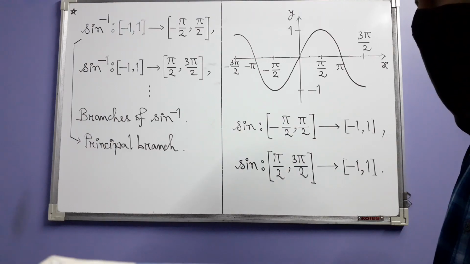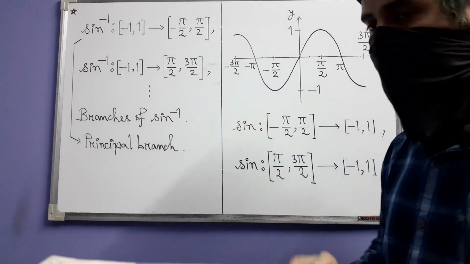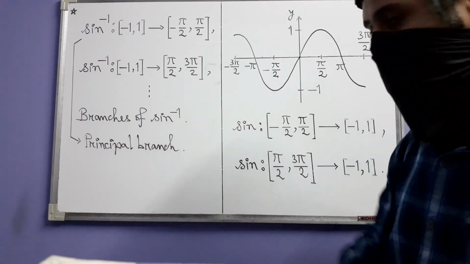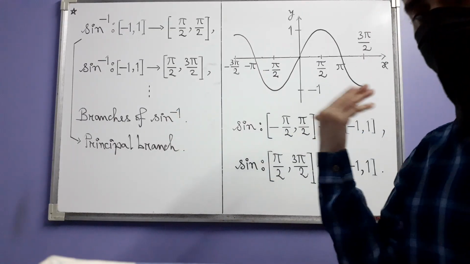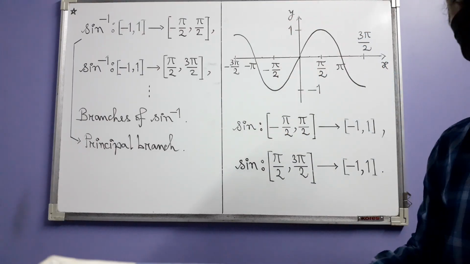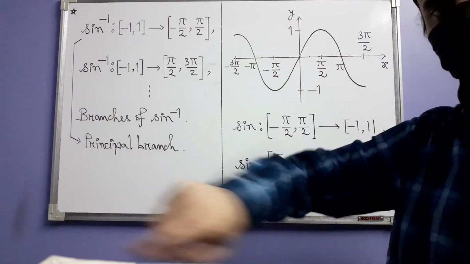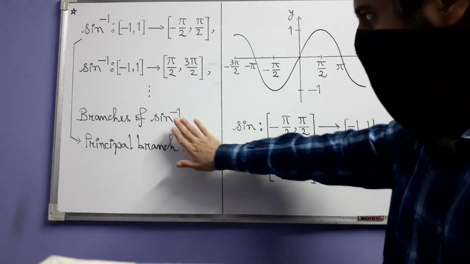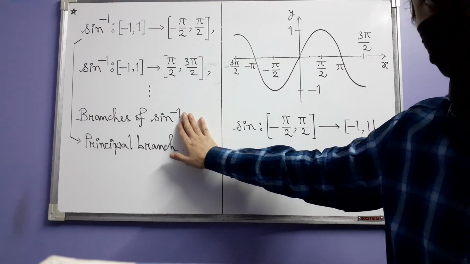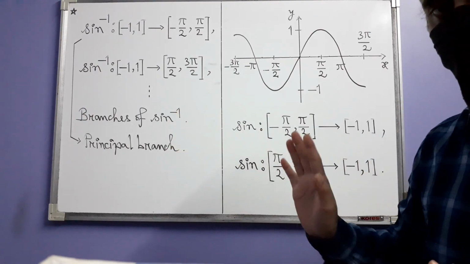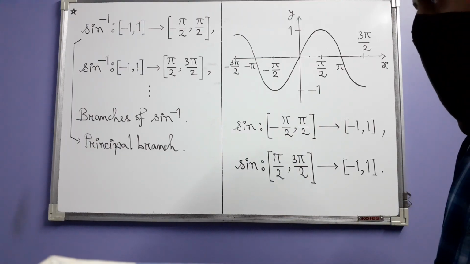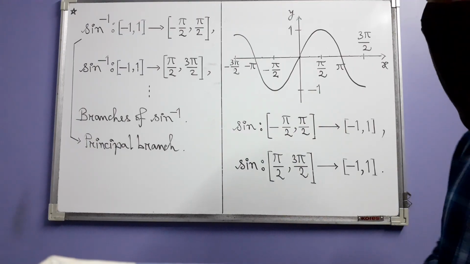It is not a function in the sense that if you choose any point y from this closed interval, this sine inverse will give you infinitely many outputs, which all are those real numbers whose sine values are equal to that y. So sometimes such relations are called multi-valued functions. It is not a function in the original sense in which we use the word function, but still sometimes it is called a multi-valued function.